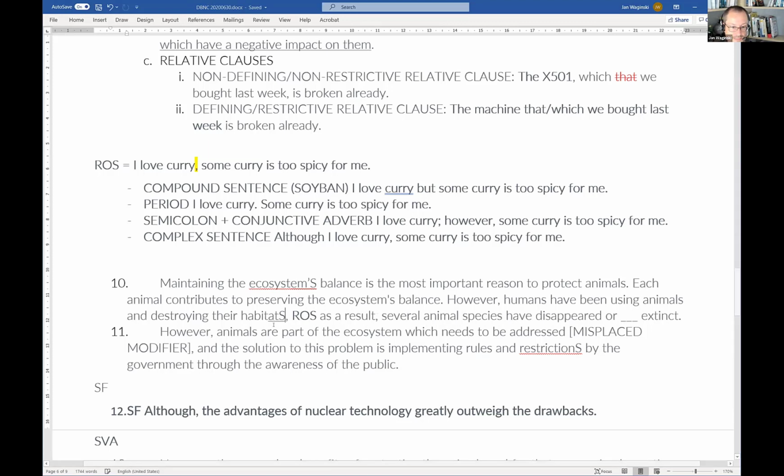Let me just fix this. Habitats, because it's plural, have disappeared. What goes in here? Several animal species have disappeared, or we need a verb. Being? Sorry? Have disappeared or being extinct? Become extinct.